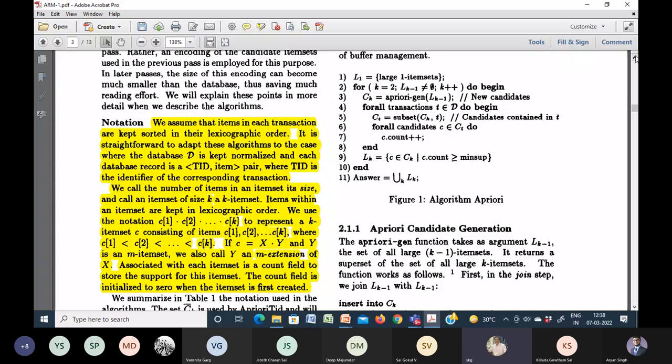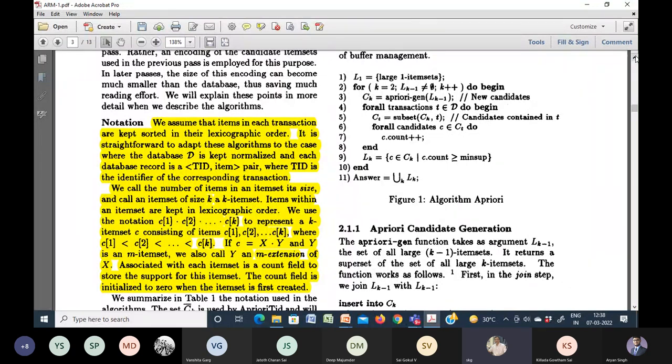We generate the candidate keys by the Apriori generation, considering L(k-1), that is the previous k-1 item set, to generate the k item set. For all transactions t in D, Ct equals the subset of Ck contained in t. That means the candidates contained in t. For all candidates c in Ct, do c.count++.